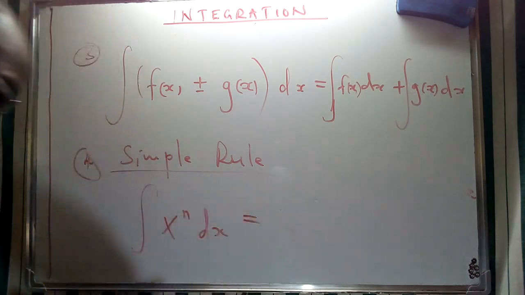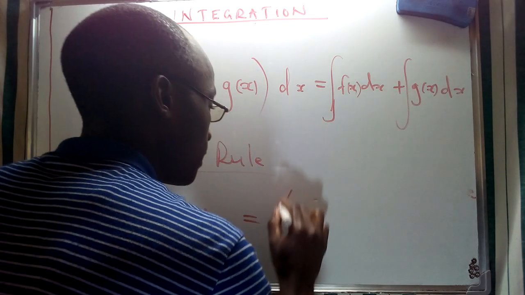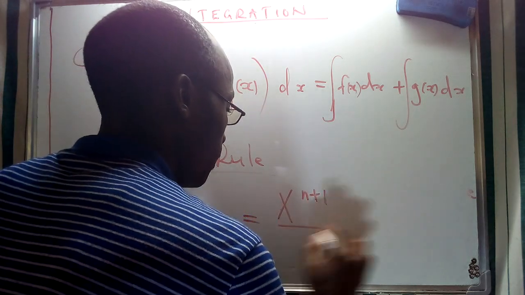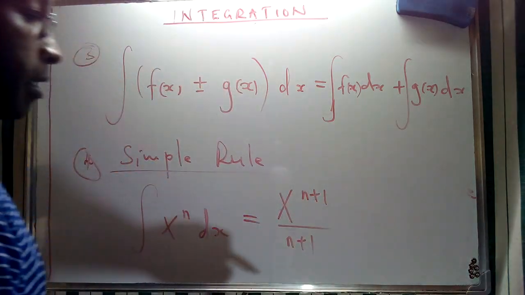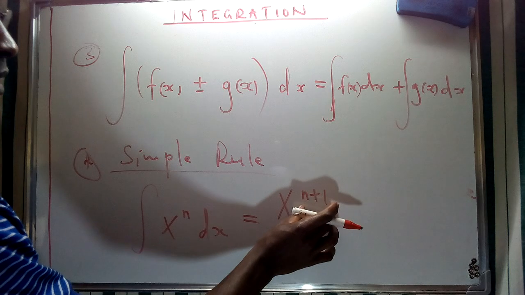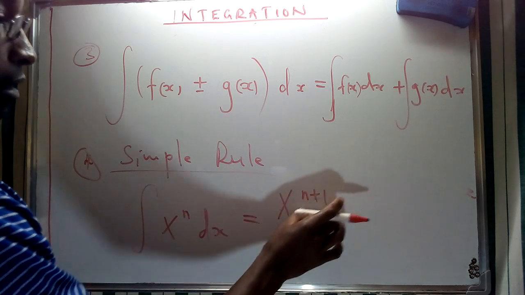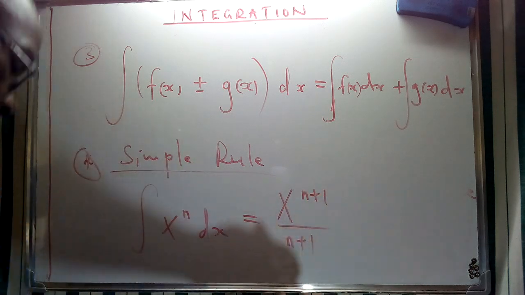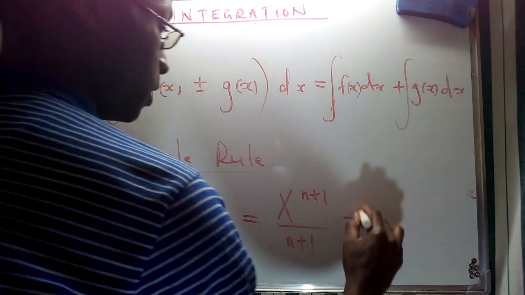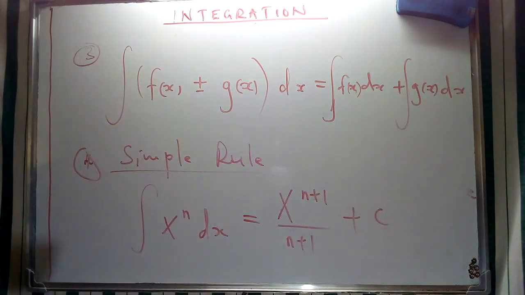This is given as x to the n plus 1 over n plus 1. So we raise the exponent by 1, and the result forms our denominator, and then it's plus a constant. That's how we deal with the simple integral functions that we're going to come across.